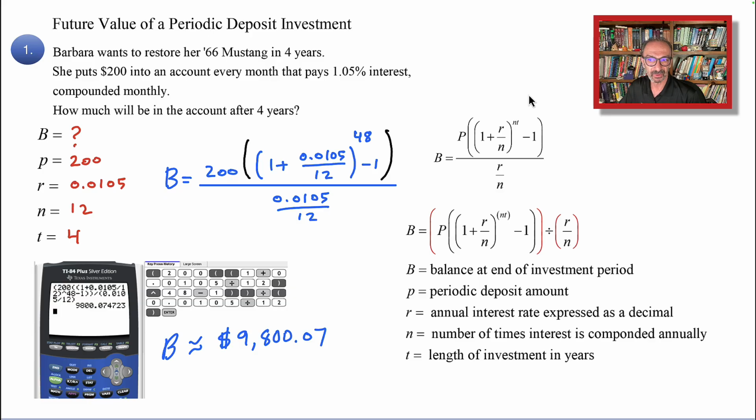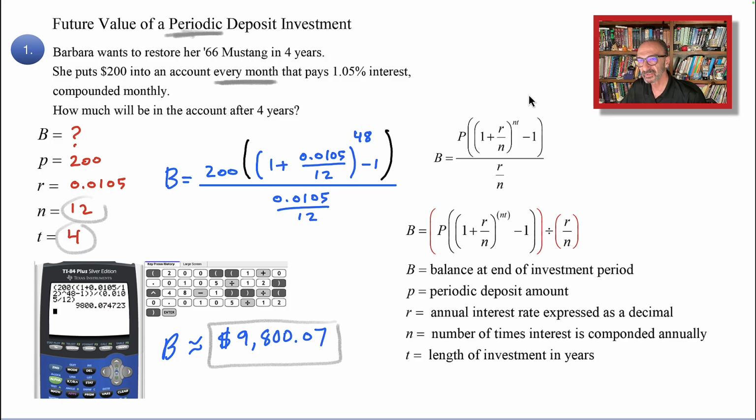So putting $200 every month, that's called periodic, for 4 years, compounded monthly with this interest rate 1.05, will be equal to 9,800 something, almost $10,000.